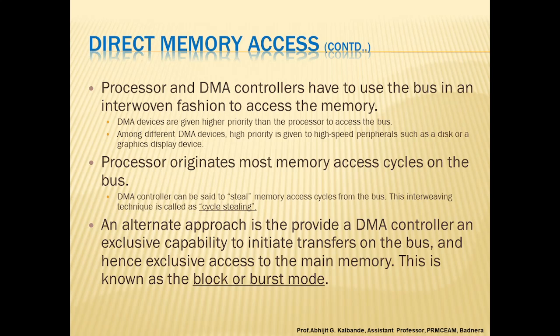Since the processor originates most memory access cycles and the DMA controller can steal memory cycles from the processor, the interweaving technique is usually called cycle stealing. The DMA controller may also be given exclusive access to the main memory to transfer a block of data without interruption. This is known as block mode or burst mode.